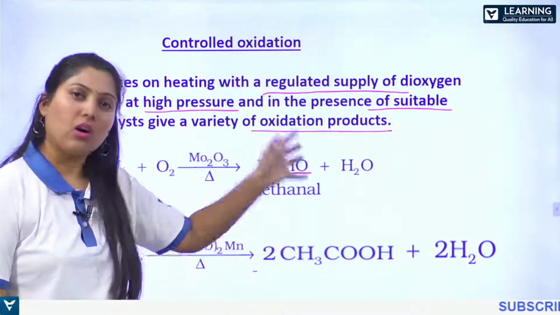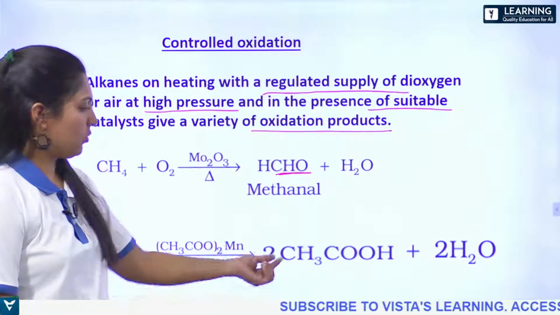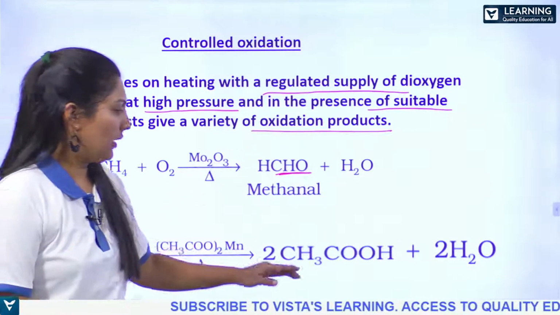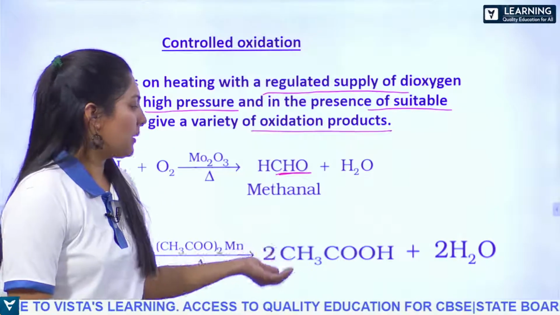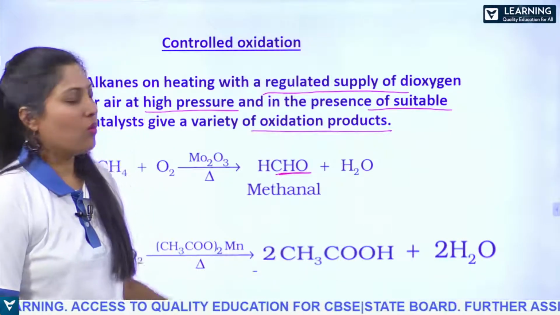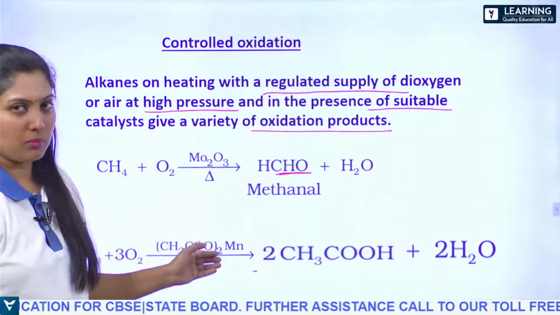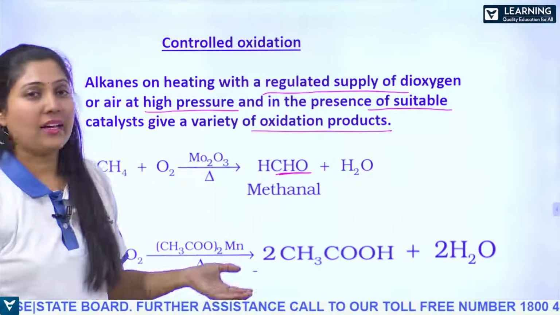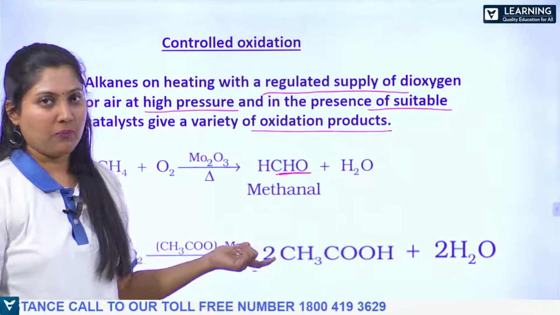They are oxidized but not completely oxidized. So we get methanol, or we have carboxylic acid, ethanoic acid or acetic acid, produced in these two reactions, and we can also have alcohols containing the OH group, which we'll study.